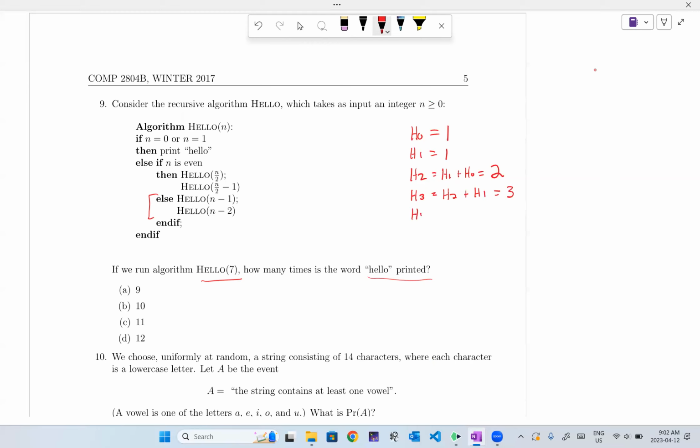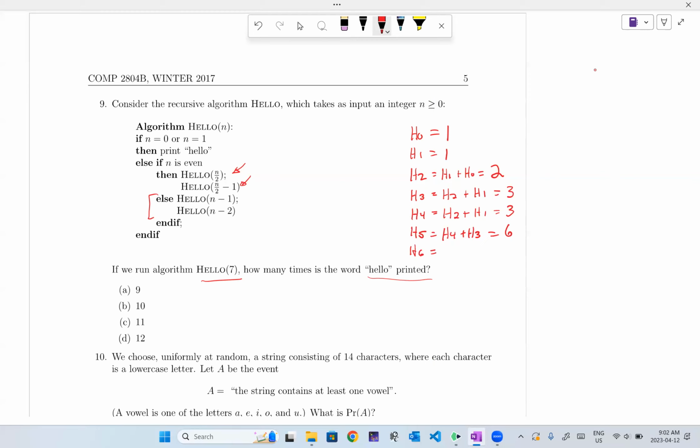H4, this is even, so I'm going to call 4 divided by 2, which is 2, and then 4 divided by 2 minus 1, which is 1. This is also H2 plus H1, which is equal to 3. H5, this is H4 plus H3. So that's going to be 6.